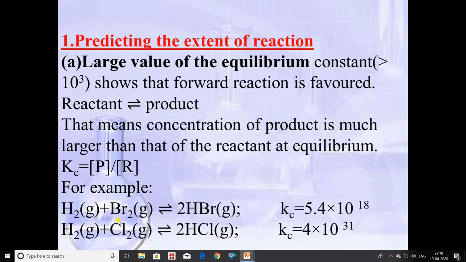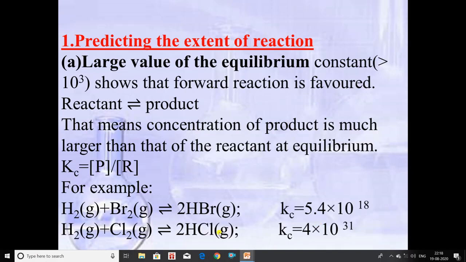So here are some examples where hydrogen reacts with bromine and forms HBr, hydrogen bromide, and the value of Kc is 5.4 into 10 to the power 18. So here you can see that the value of Kc is greater than 10 to the power 3. By just observing the value of Kc, we can tell which reaction is favored, whether it is forward reaction or backward reaction.